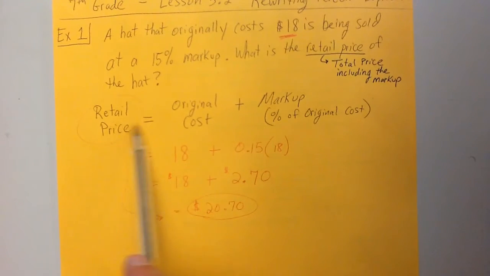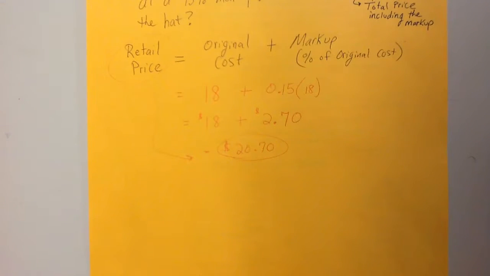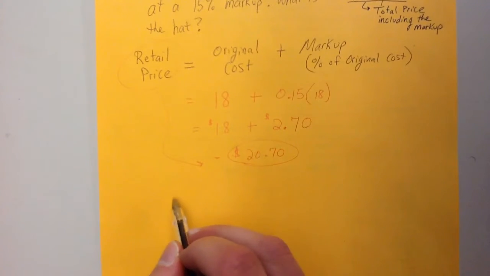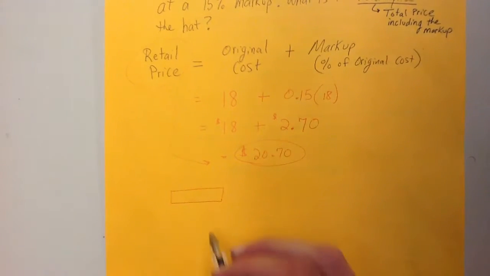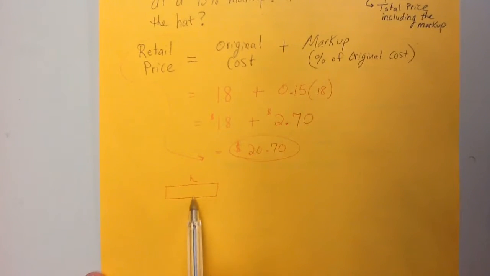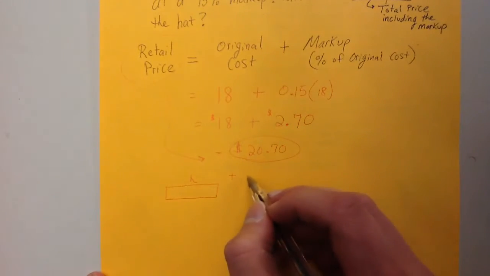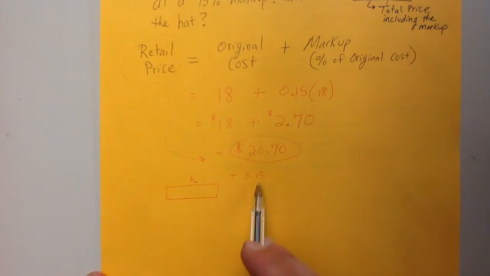Okay, so here it is using this equation. I'm also going to show you modeling it with a picture. Let's say this is the price of the hat. I'll call this H. This is my original cost, plus I have a 15% markup, which in decimal form is 0.15.